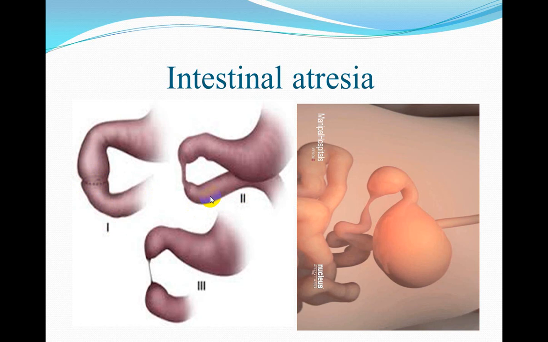While in grade 2, there is a segment of intestine that appears to be cord-like. In grade 3, there is a thread-like appearance of the intestinal segment, meaning a very narrow, very thin segment of intestine.